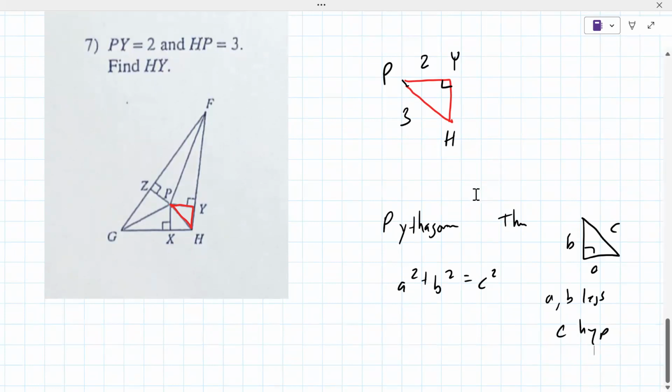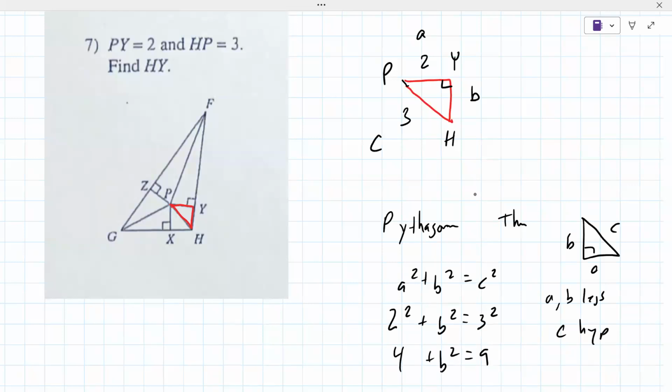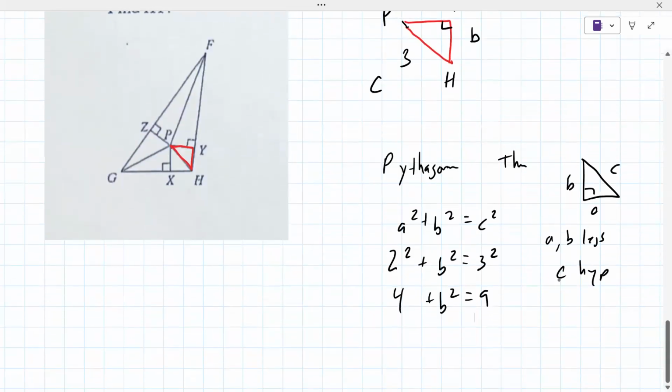So in this problem, you can think of A as 2, so it's 2 squared plus B squared equals 3 squared. So 4 plus B squared equals 9. Subtract 4, B squared equals 5. But that's not the answer.